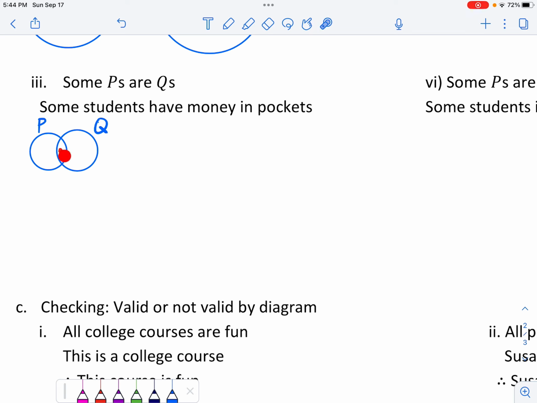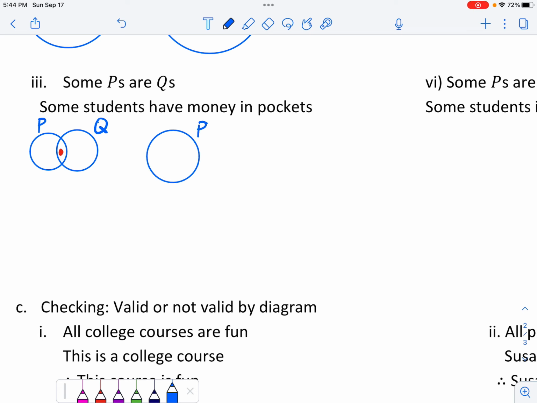So some elements in P are also in Q. To represent this relationship, you certainly don't want to put the dots here. This means some P's are not in Q. When you want to show some P's are Q's, you move these dots to here. This is the first possibility.